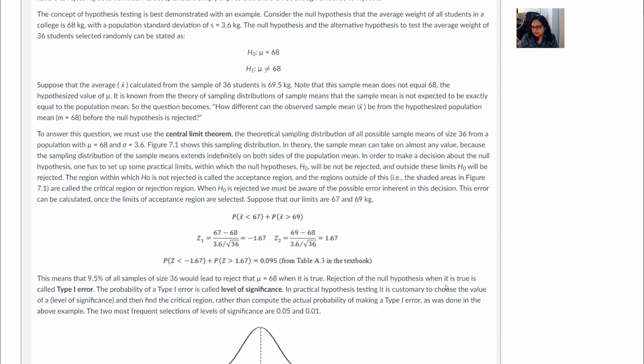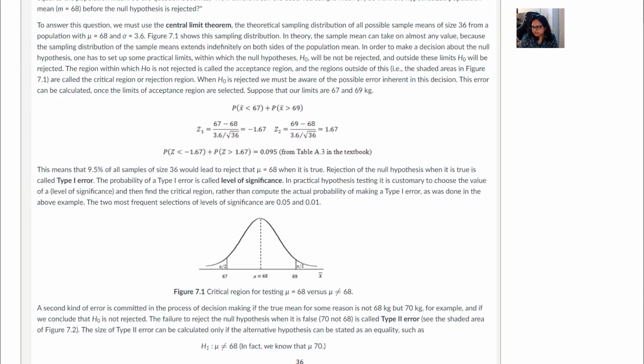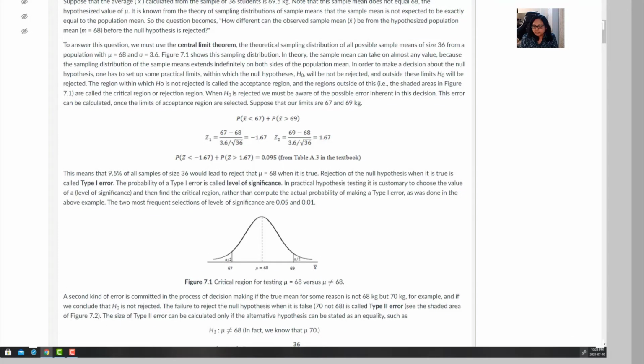So if we are talking about both sides, let's actually draw it here. The 68 is in the middle, and whether it's 68 or not 68, it falls on either side, then it's not equal to, that means it could be more than or less than.